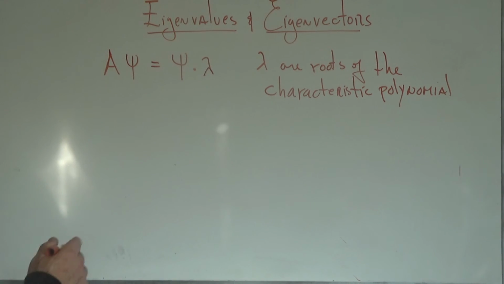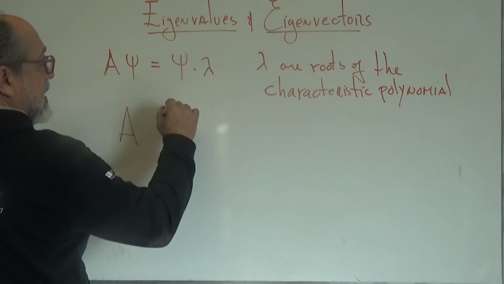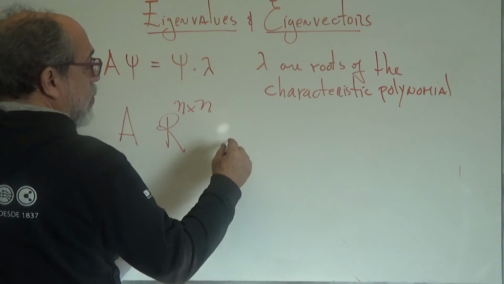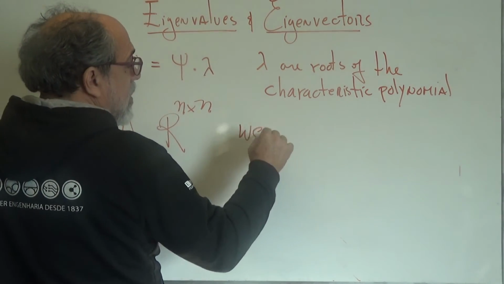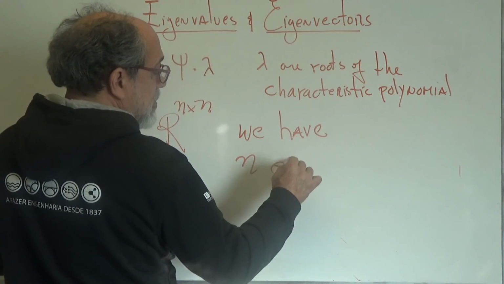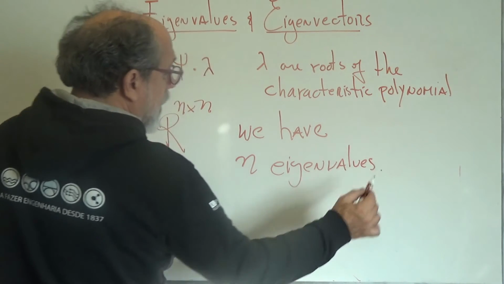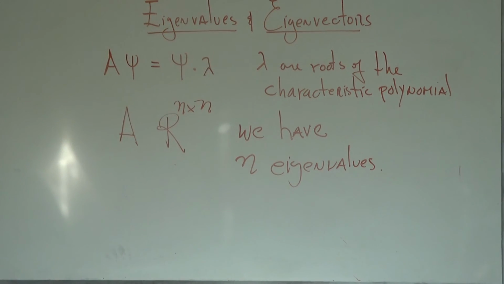So we have a matrix A, which is real, and it's n by n, and we have n eigenvalues. We have n eigenvalues, they are different.